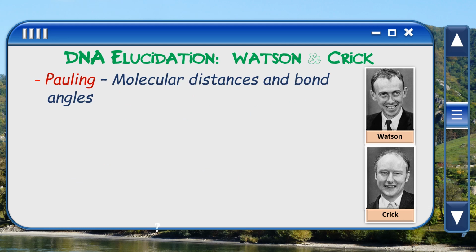Pauling was one of the people who had done prior work. He worked on molecular distance and bond angle, because remember we said that a DNA molecule is made up of nucleotides, and those nucleotides join each other using bonds. So he worked on the molecular distances and their bond angles.